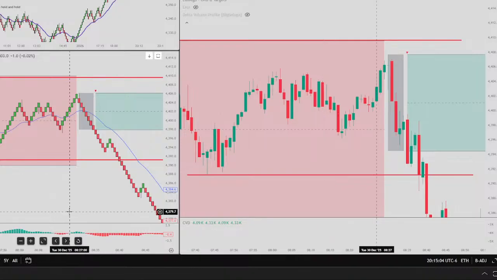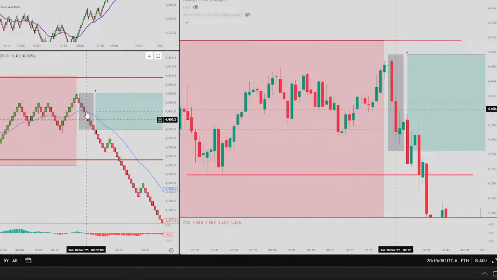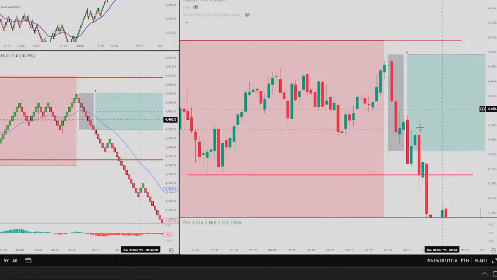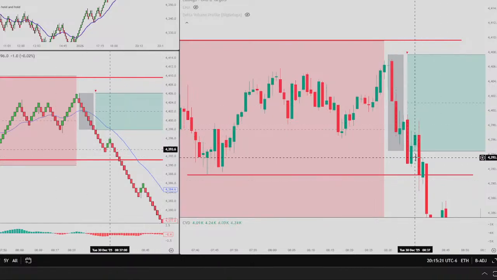But it was green, and then it flipped to red right here as we crossed the 21 moving average. This is where you would enter for a short, and you capture this move to the downside.